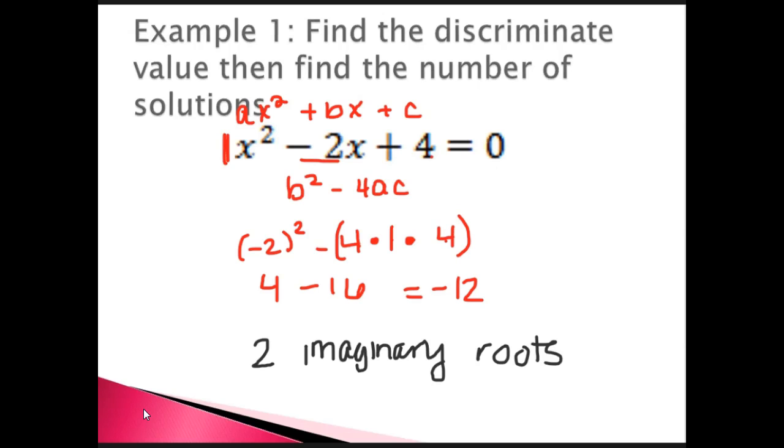The discriminant tells you the number and type of solutions. I missed your question because I had like 3 things happening at once. What's your answer? Is it the negative 12 or is it the 4 minus 16? Negative 12 is the answer. And then we just put like 2 imaginary roots or 1 real root or 2 roots. We just write that.